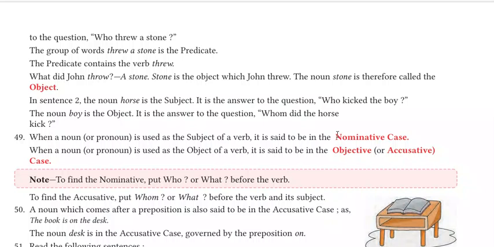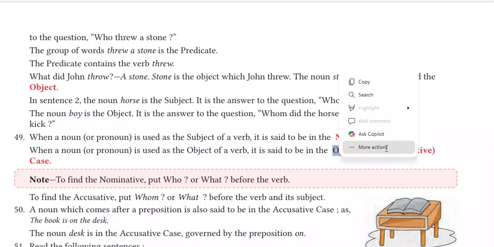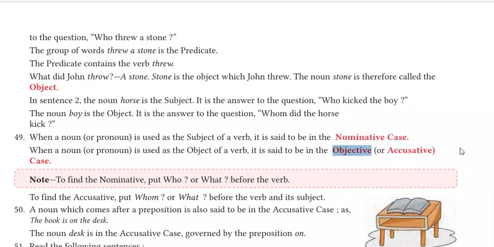When a noun or pronoun is in the place of subject, we call it nominative case. And when the noun is in place of object, we call it objective or accusative case.